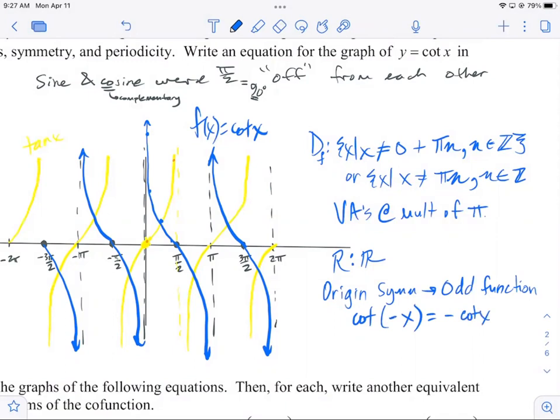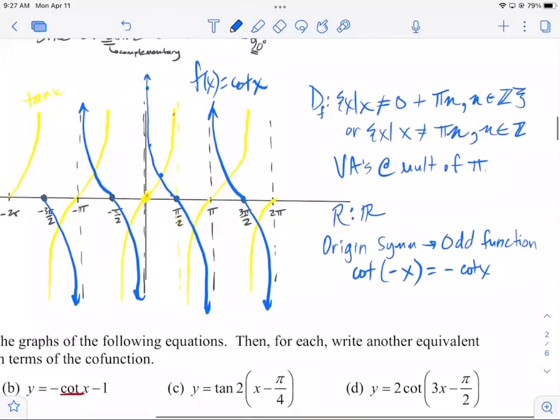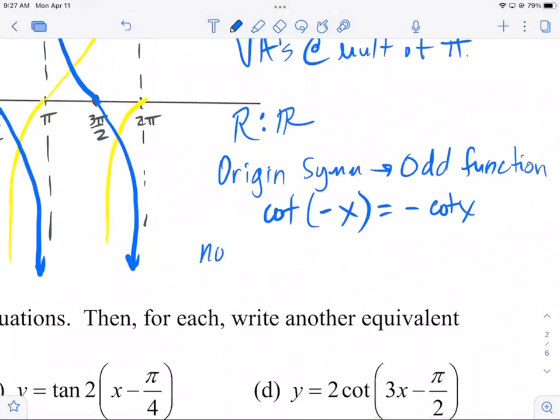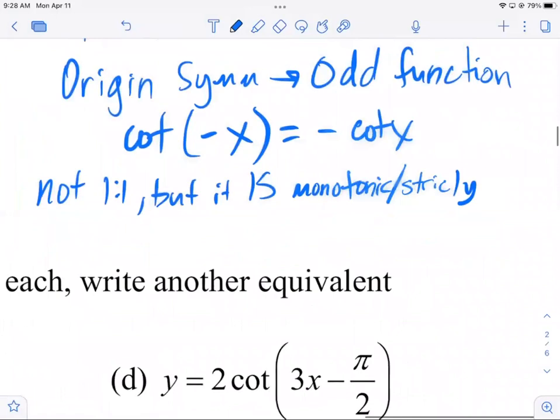Yeah. Good. Now, this one is not 1-to-1. It fails the horizontal line test, but it is monotonic. Monotonic is sometimes replaceable with the other word strictly. Okay, it's an adverb. Monotonic or strictly what? Decreasing.